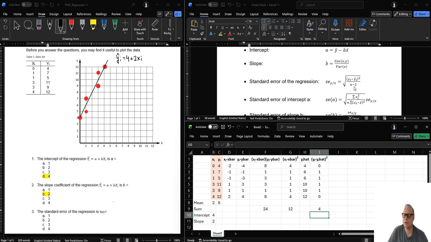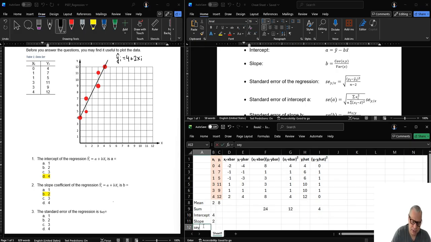Okay, now we have to divide by n minus 2. So we have 6 observations minus 2, that gives us 4, and then we get 4 over 4, that's 1, and now we have to take the square root, so that's 1.